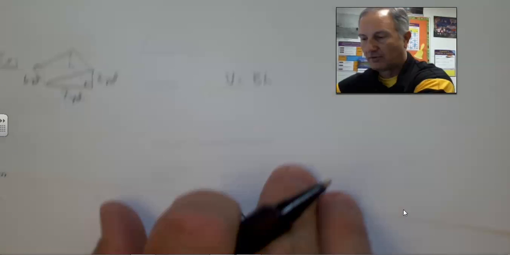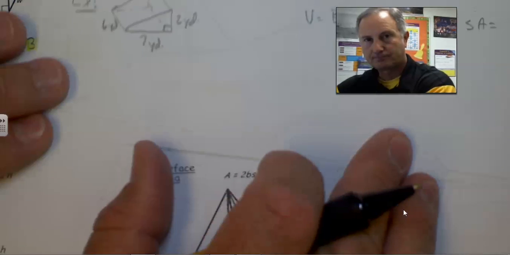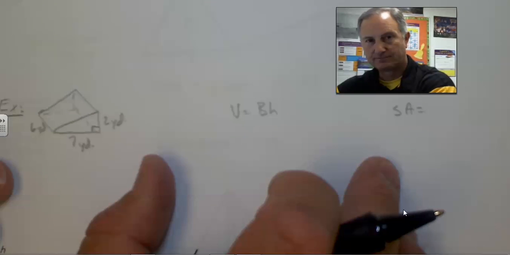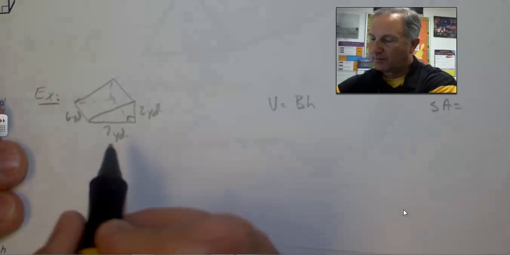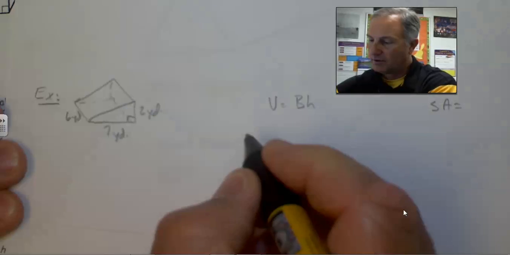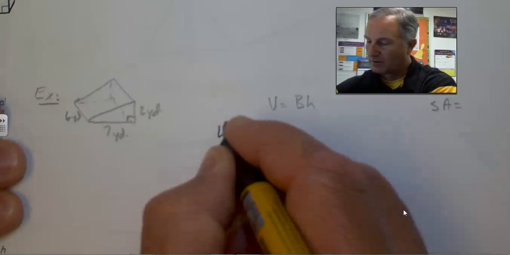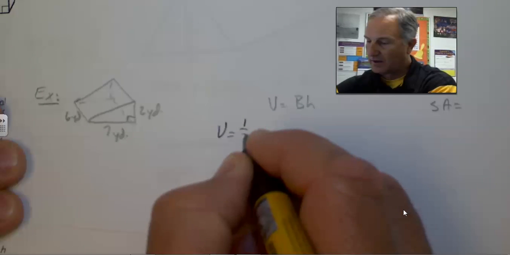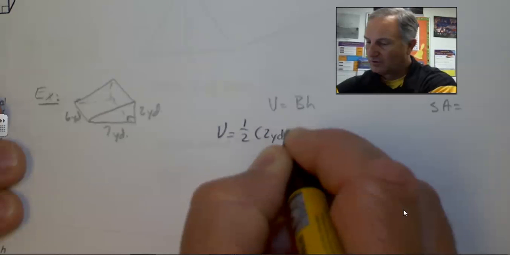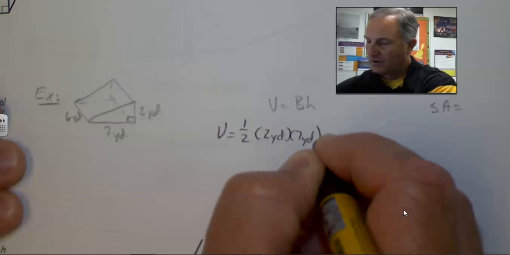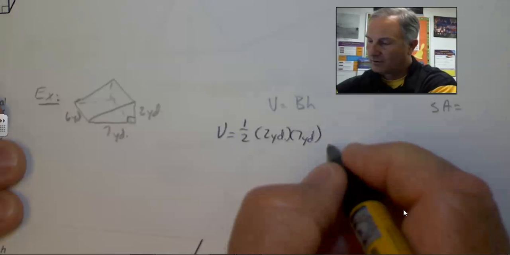If you have a triangular prism, focus here. Okay, area of the base, boom, boom, right here. So if this is a right triangle, so 2 and 7 are my base and height, I'm going to get 1/2, 2 yards, times 7 yards, times the length here, which is 6 yards.